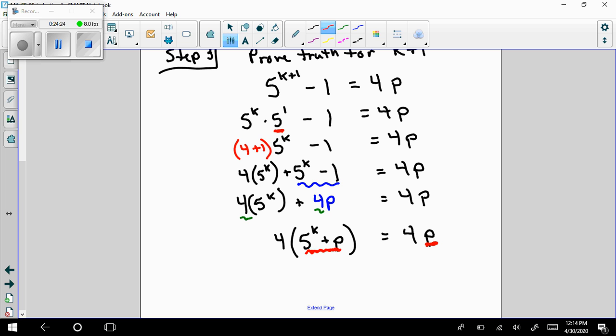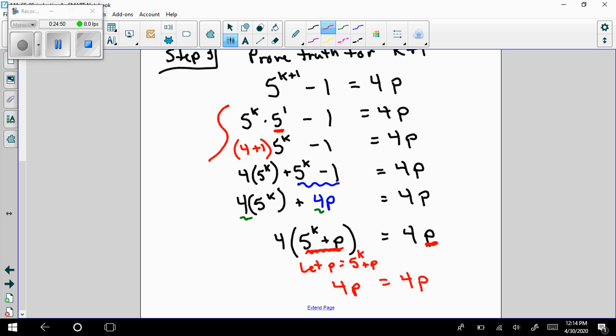So now over here, my 5 to the k plus p is representing my 4p. So we can let p equal 5 to the k plus p. So now I have 4p is equal to 4p.